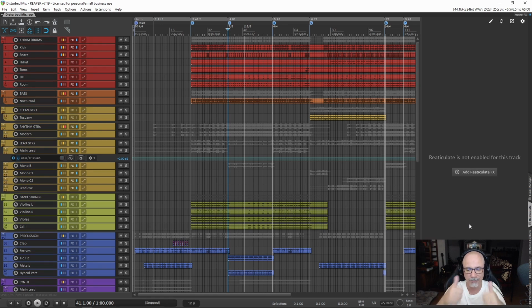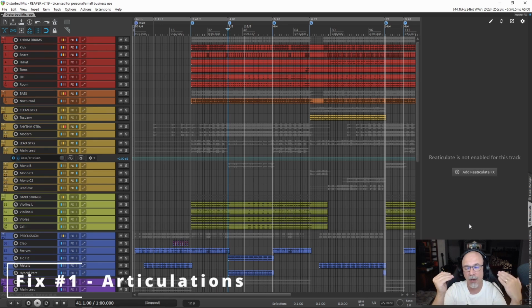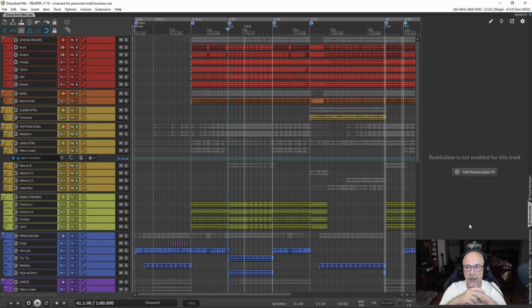Cool? So let's start. Fix number one is to write with articulations in mind. Articulations are basically different ways of playing instruments. The most extreme difference in articulations is between a continuous sustained tonal instrument, let's say a violin or an organ, something that gives you a sustained sound over time, and a percussive instrument.